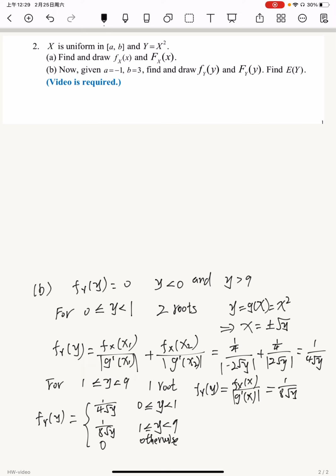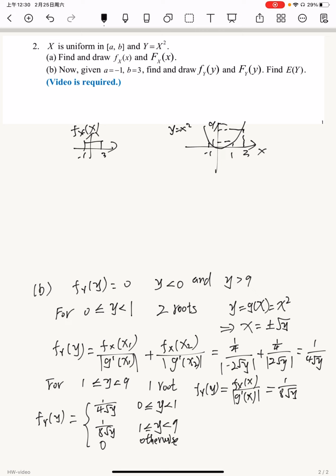Here is f_X, which is like this, from -1 to 3, and here is capital F_X. Y equals x squared, and from -1 to 1 it is 1.